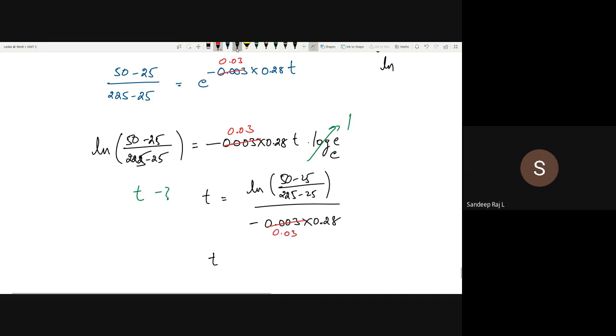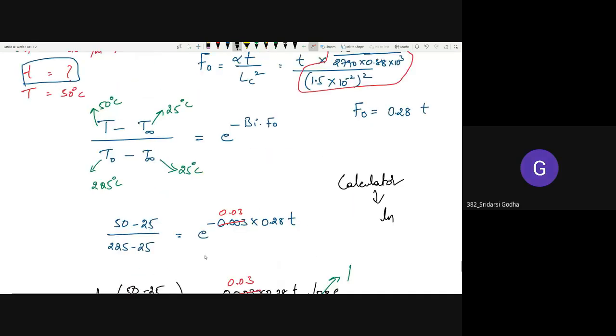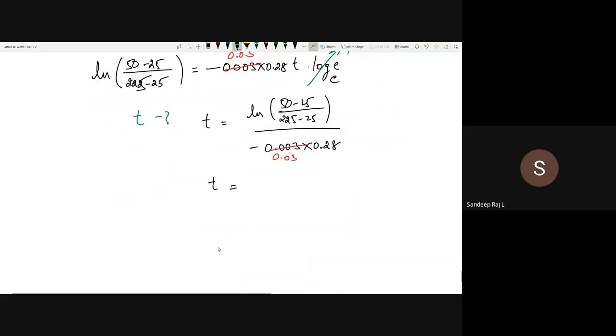Tell me what is the time value? 247.5. 247.5 seconds. Okay. It has to be measured in seconds. You can also get the value for time in minutes. You can convert it into minutes, like you divide it by 60, and you get it in minutes also.